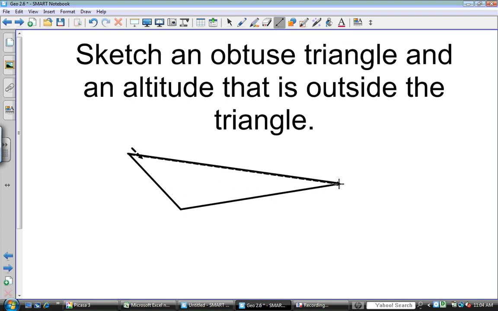None of these points would give me 90 degrees. So what I have to do is continue this line out until it looks like it's around 90 degrees. And just extend this line out. So now here, this is the altitude. Even though it's not inside the triangle.